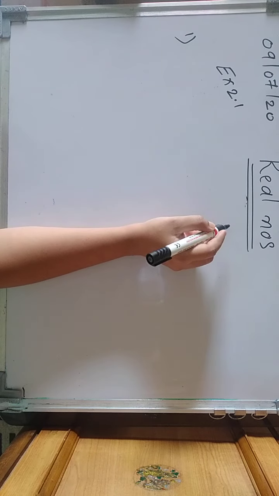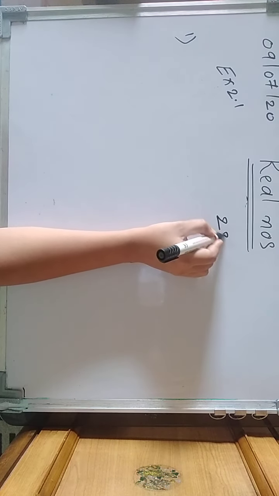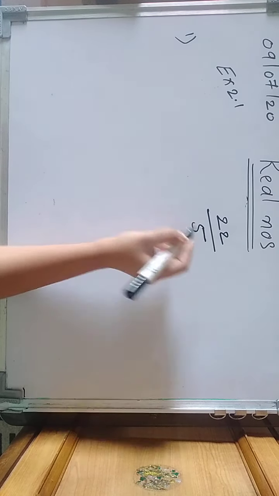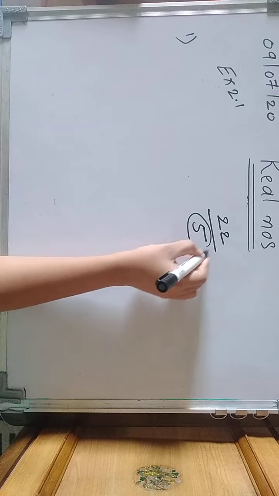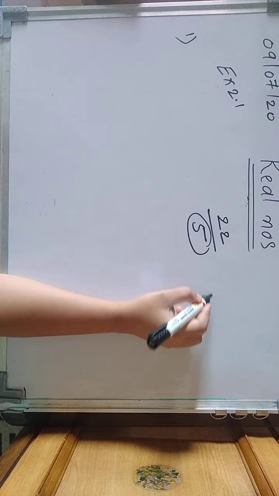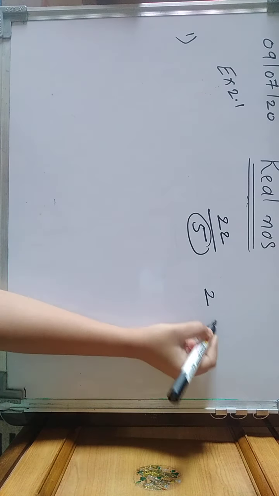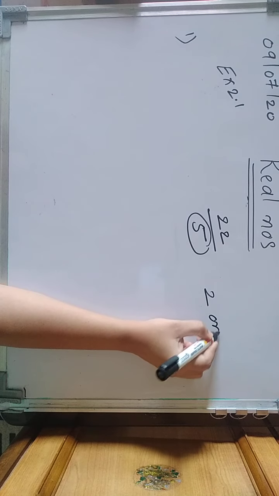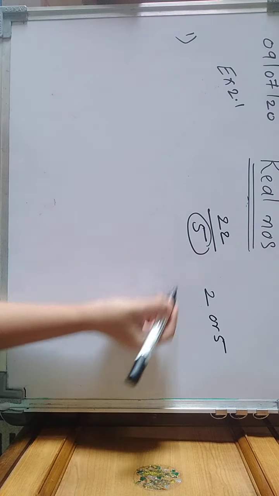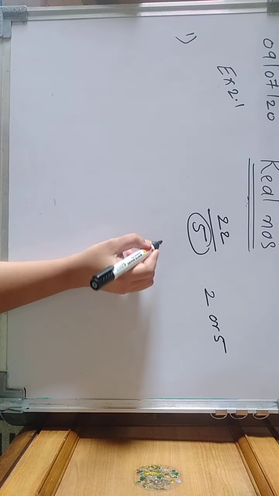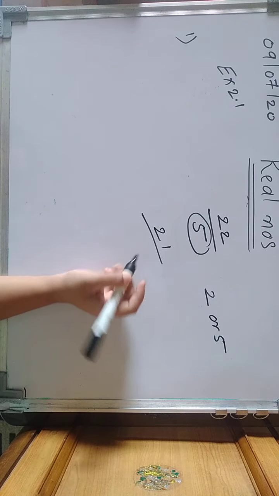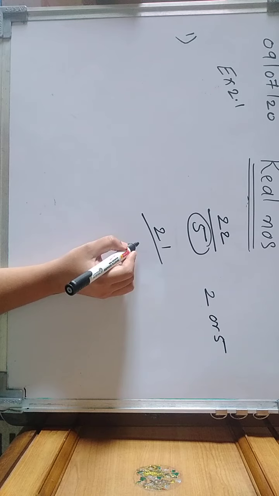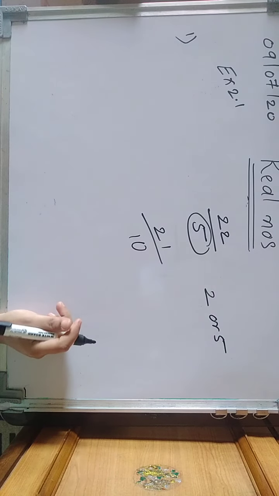Whenever you have a fraction, for example 22 upon 5, if the prime factorization of the denominator has only 2 or 5 as the factors, let's take another example, 21 upon 10.